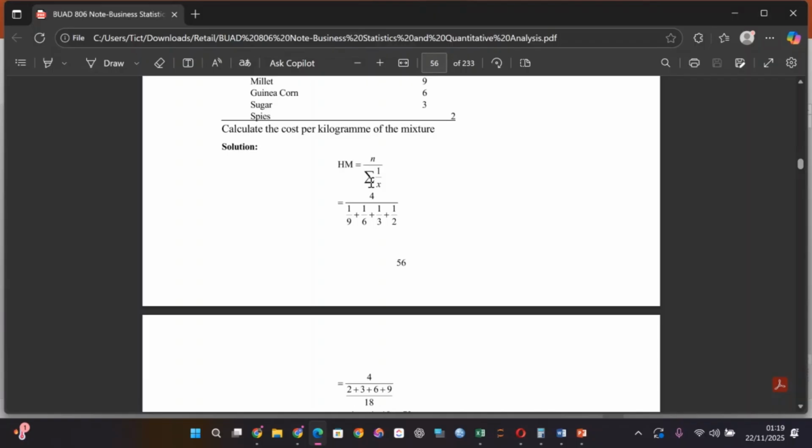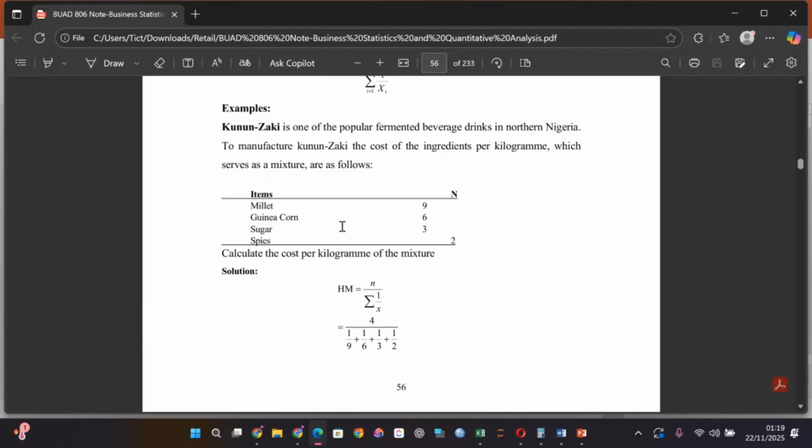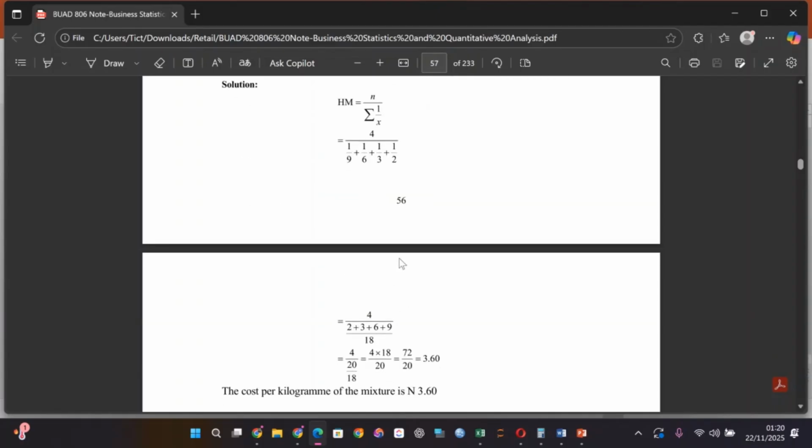Now the x can be multiple values, that means you can have x1, x2, x3, x4. So x is just representing these values here: x1 is 9, x2 is 6, x3 is 3, and x4 is 2. That's what they have there.